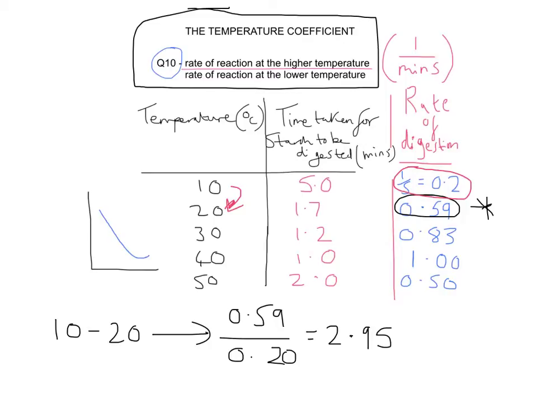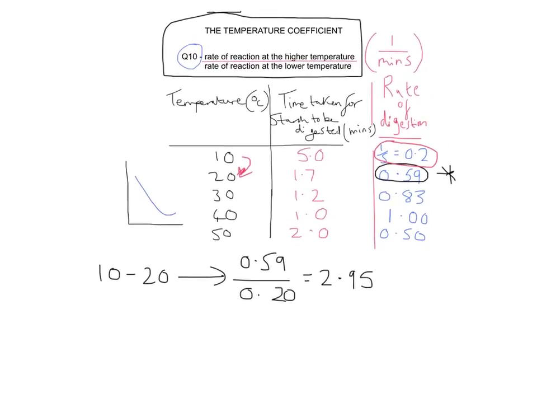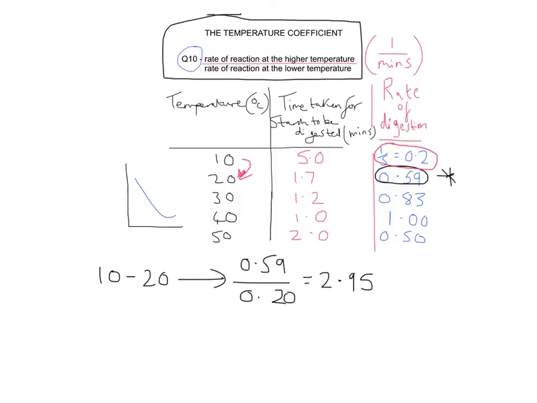So let's just work out the next Q10, then it will be easy to see the point of doing these. Let's do the jump from 20 to 30 degrees. For the rate of reaction at the higher temperature, let's look at 30. We're looking at this value here, so 0.83.